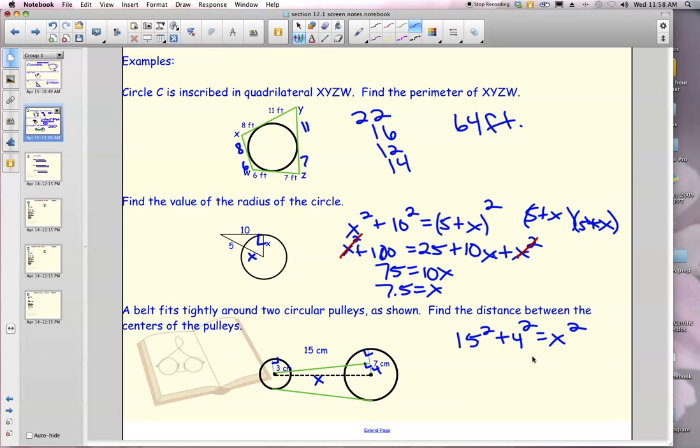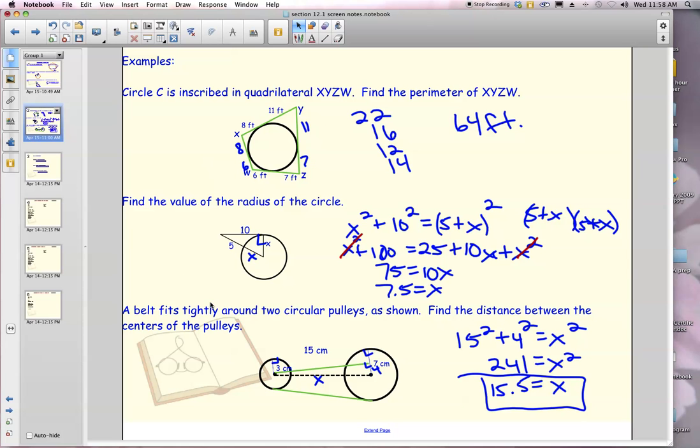That gives us 241. And then to get our x alone, we have to take the square root of 241, which gives us 15.5. So the distance between the centers of our pulleys would be 15.5.